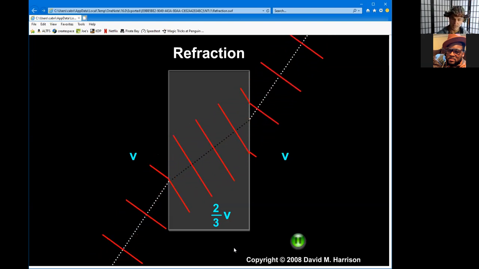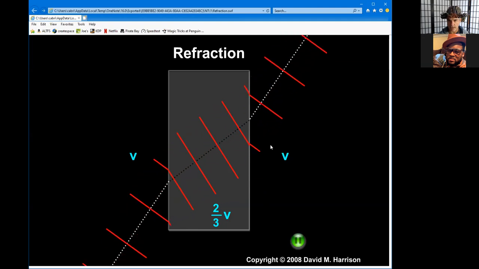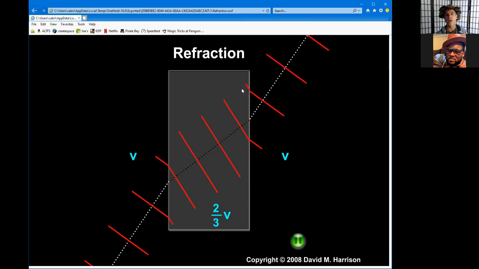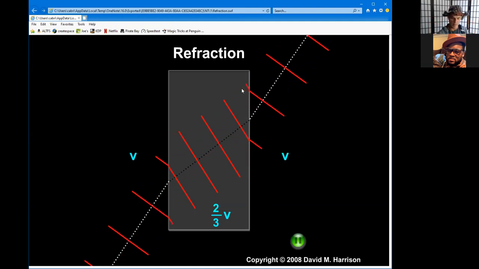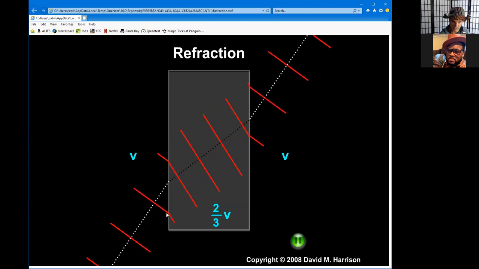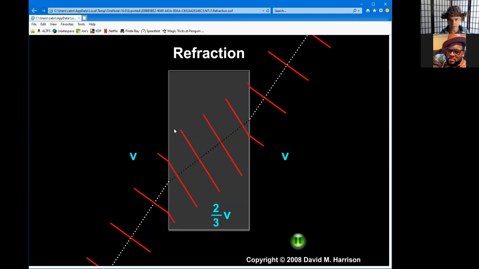And the opposite is happening as we're leaving. So if I imagine in here, the speed is slower, out here, the speed is faster. As this side hits the faster area, it's going to speed up. And again, I'm going to pivot around the slower wheel or the slower side. So you imagine light coming in, this side slows down first while this one is still in the air moving faster, causing it to pivot.